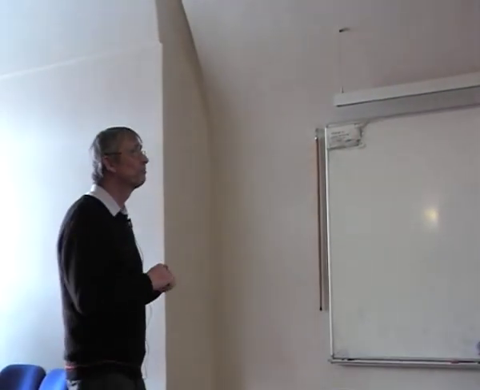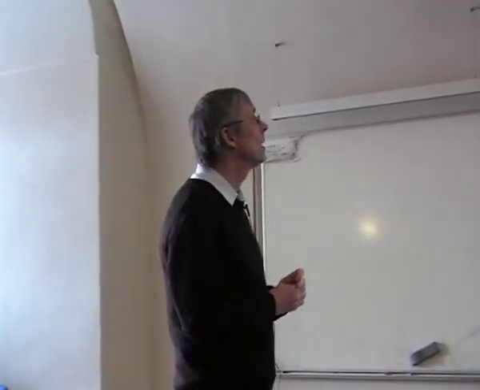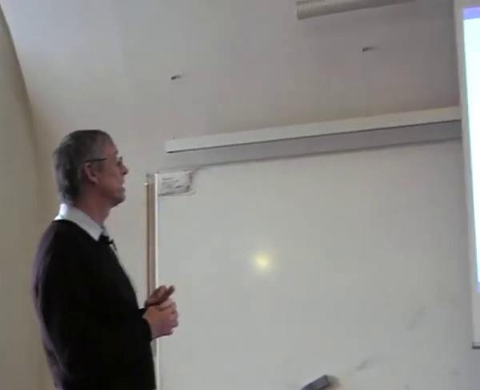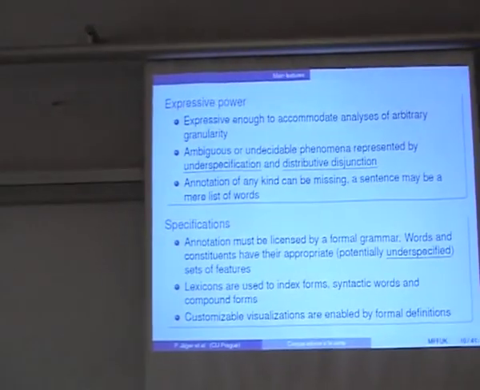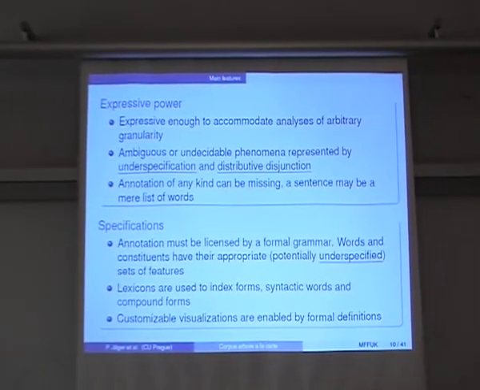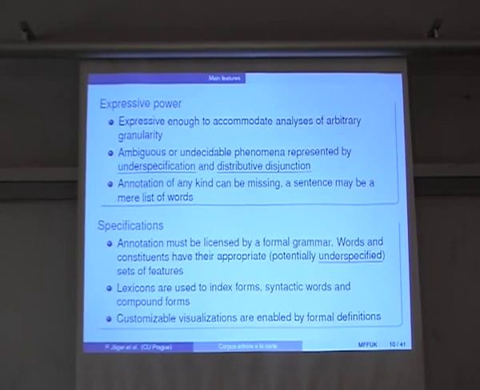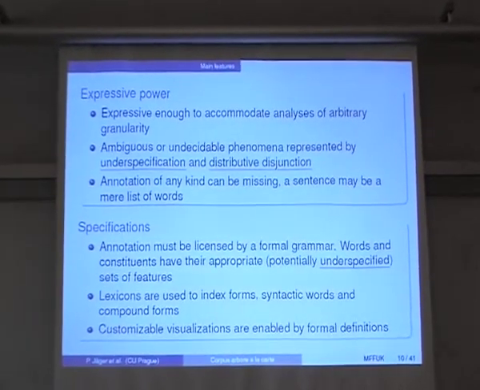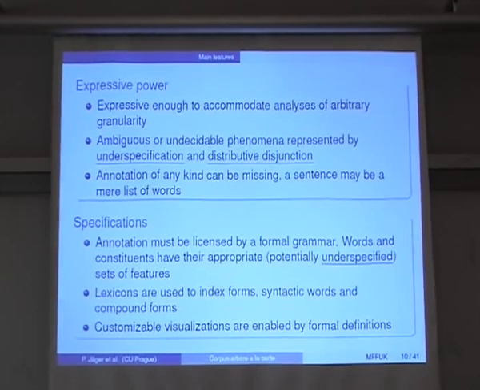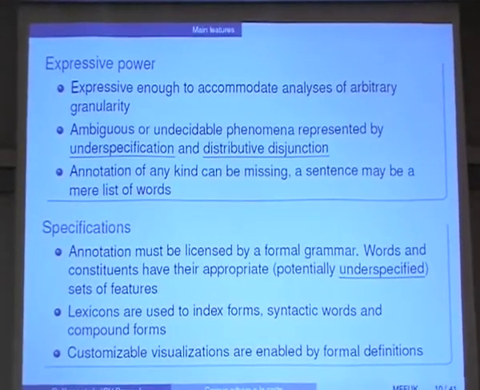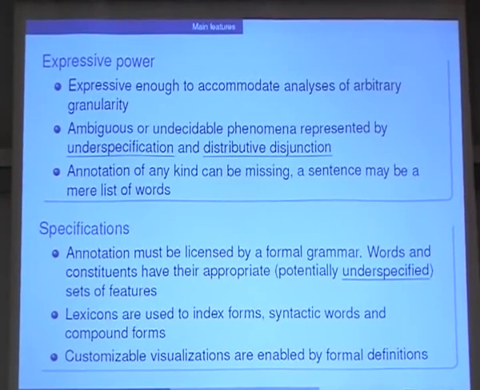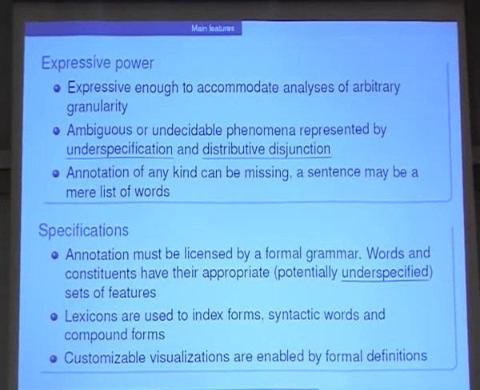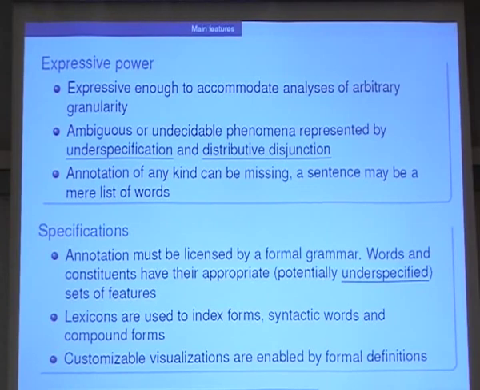We think that the expressive power of the whole approach can accommodate analyses of arbitrary granularity. What is very important is to say that, as I said already, we like to use underspecification and also distributed disjunction in cases where there is ambiguity or some undecidable phenomena. And what I should stress also is that we should make it possible that the annotation of a kind could be missing.